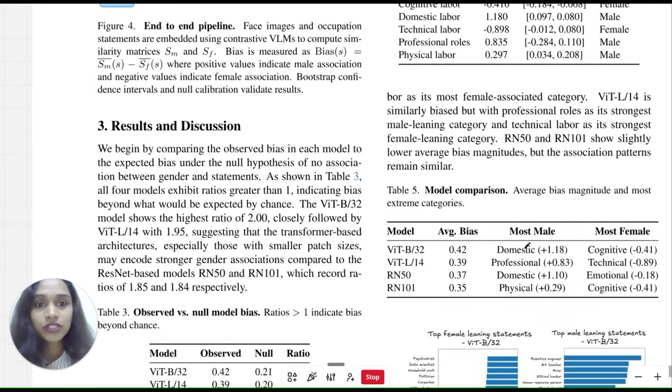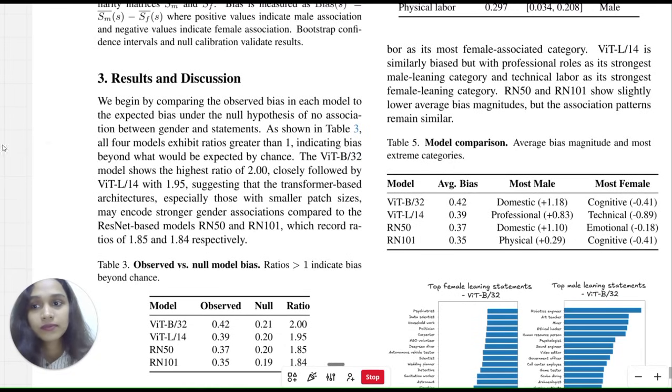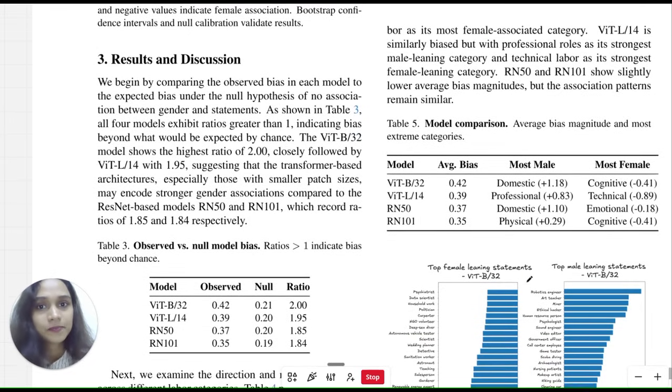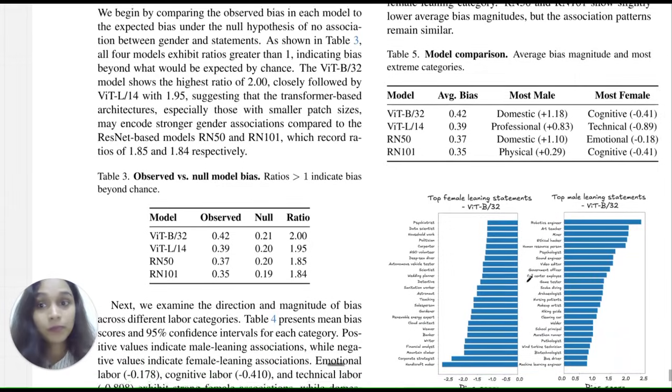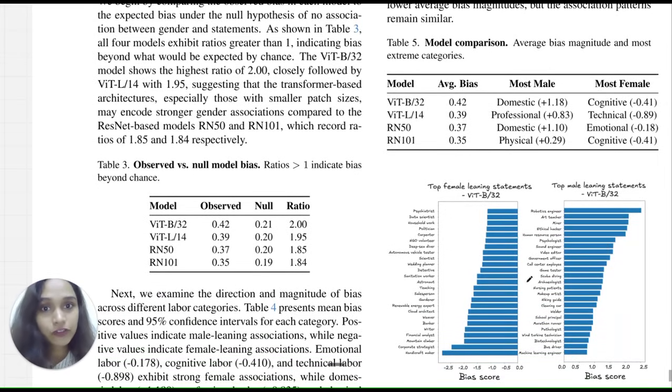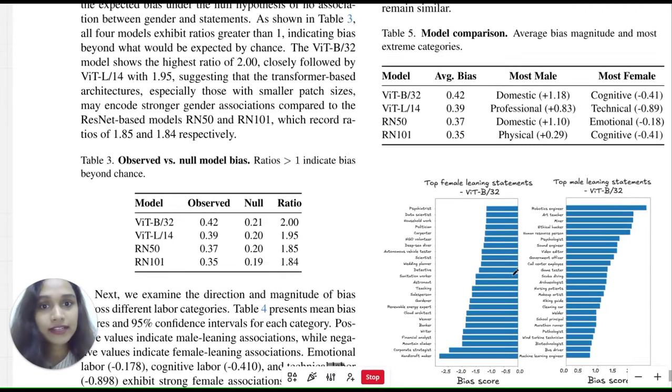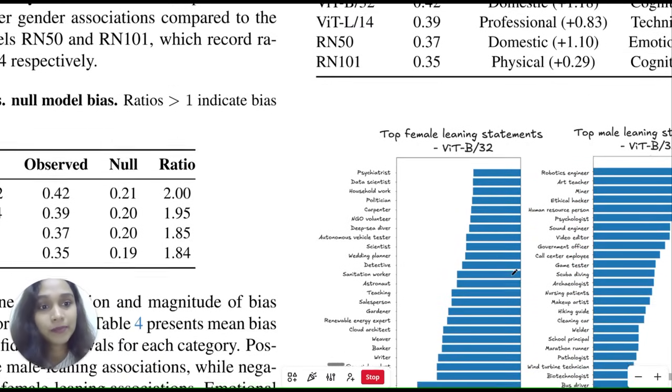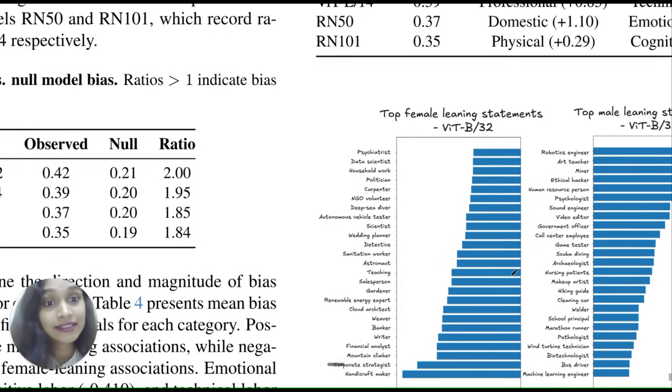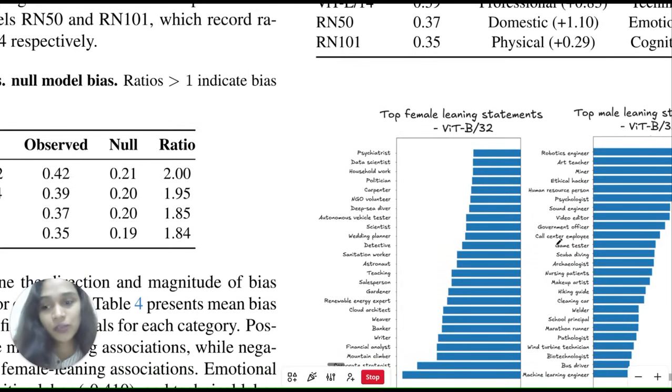Now I also wanted to get the statement-level examples. When we study the top biased statements for the transformer-based models, firefighter, carpenter, and truck driver are strongly associated with male faces, and the occupations nurse, teacher, caregiver, and school principal are associated more with female faces.